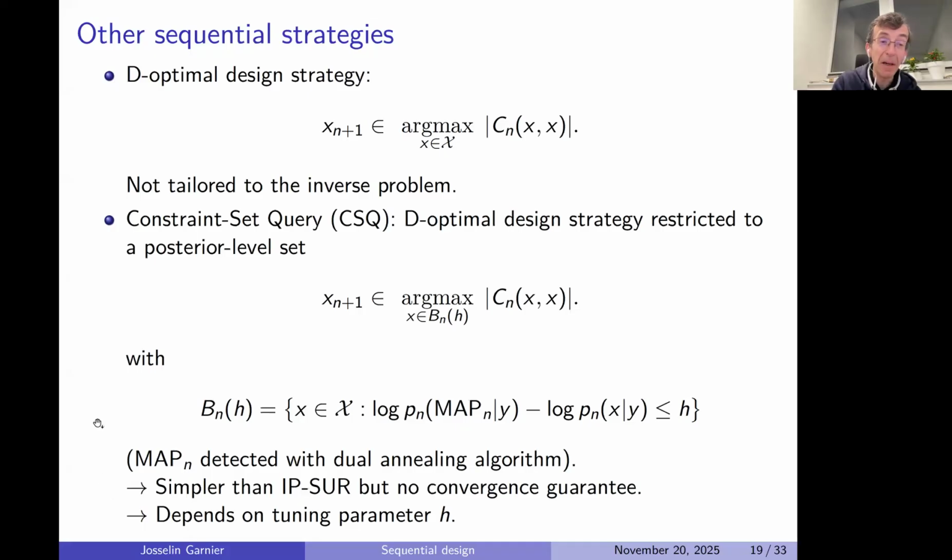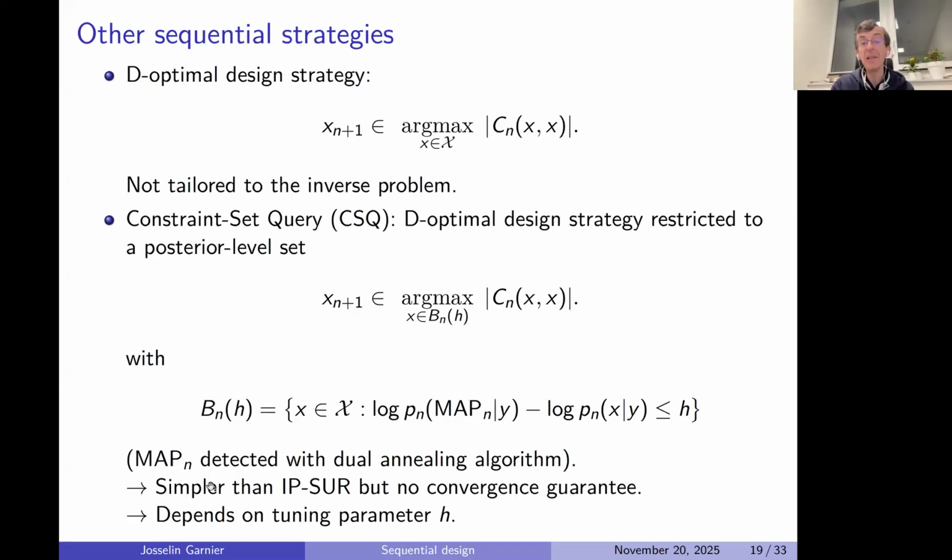So what you can design is a refinement of this D-optimal strategy, where you look for the point that maximizes the variance, but only in regions that are close to the maximum a posteriori, or the one that is known at step n. That reduces the search space, so you will focus on a more appropriate region. There are two problems here.